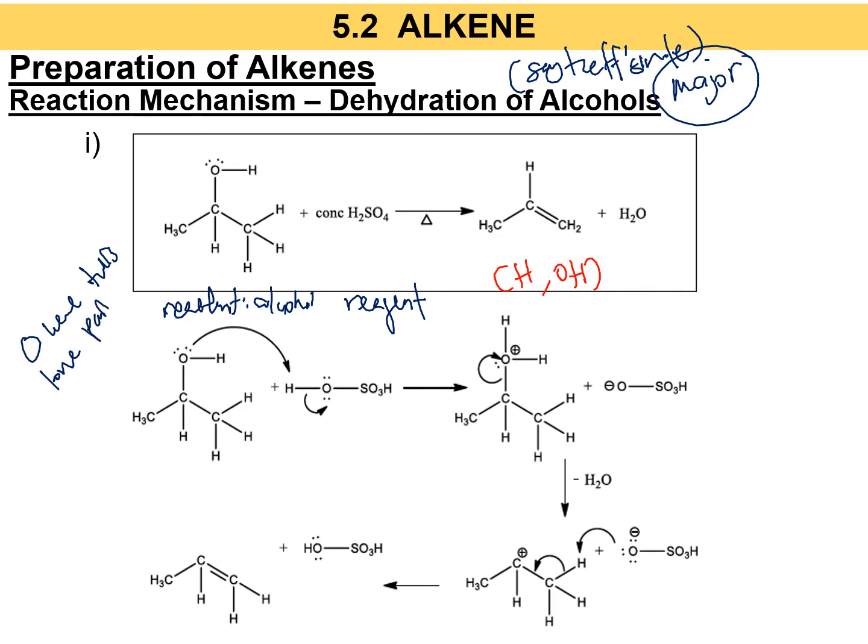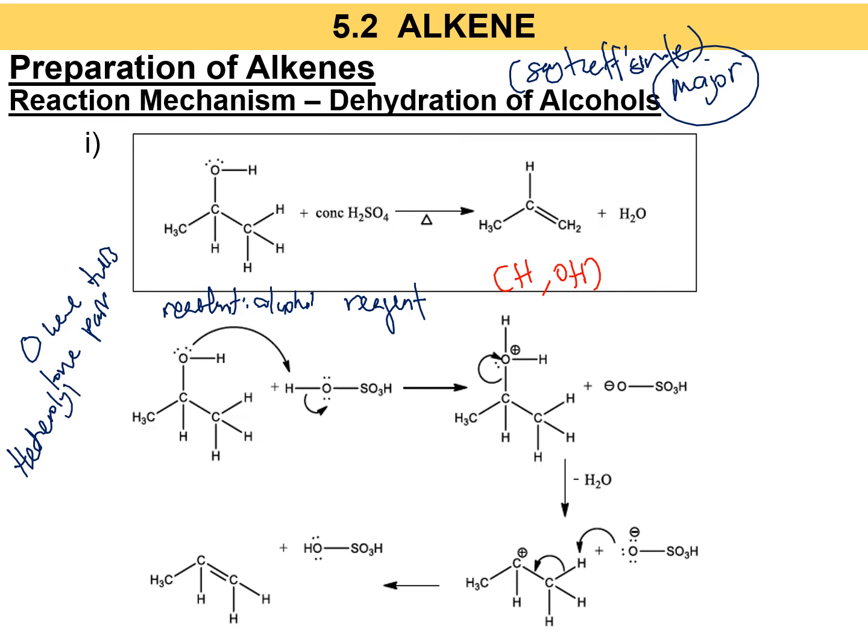Lepas tu, since that this is alkene, kita tak buat homolytic cleavage. Homolytic cleavage hanya pada alkene sahaja. The next reaction mechanism yang you akan belajar selain daripada alkene, everything is heterolytic cleavage.